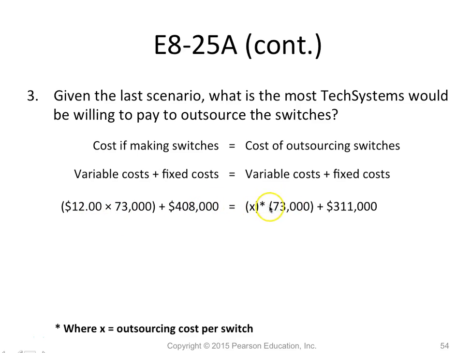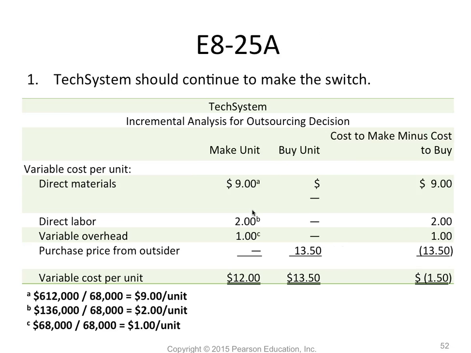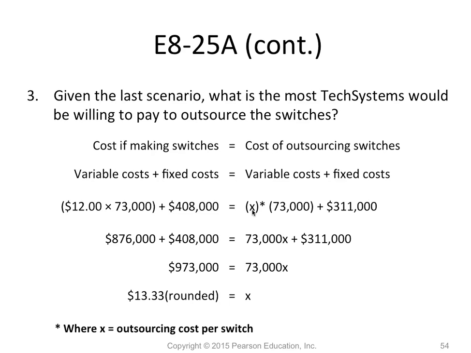So if they're the same, then this is the total price that we can accept for the switches we purchase. So here, $13.33. How much are they charging us? $13.50. So $13.50 is higher than $13.33, so we're not going to accept the offer, because the outsourcing is more expensive than the acceptable price we have here.